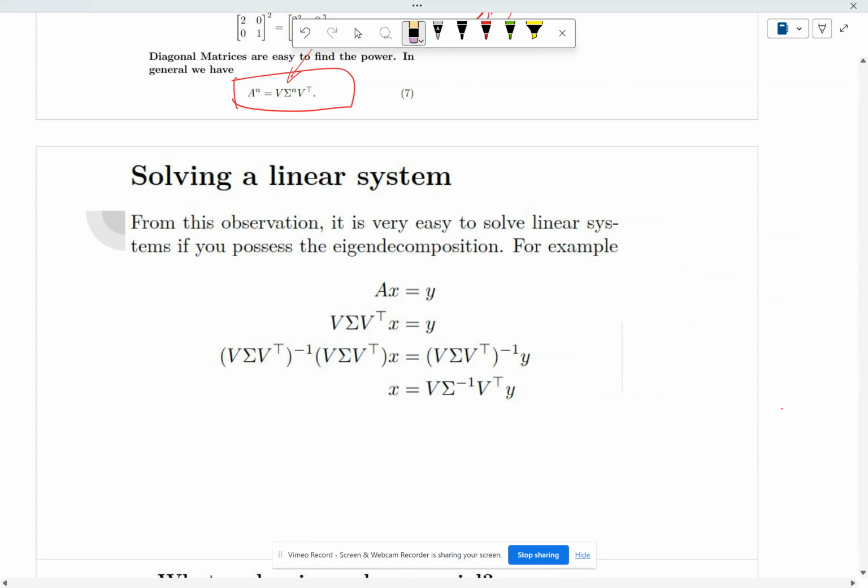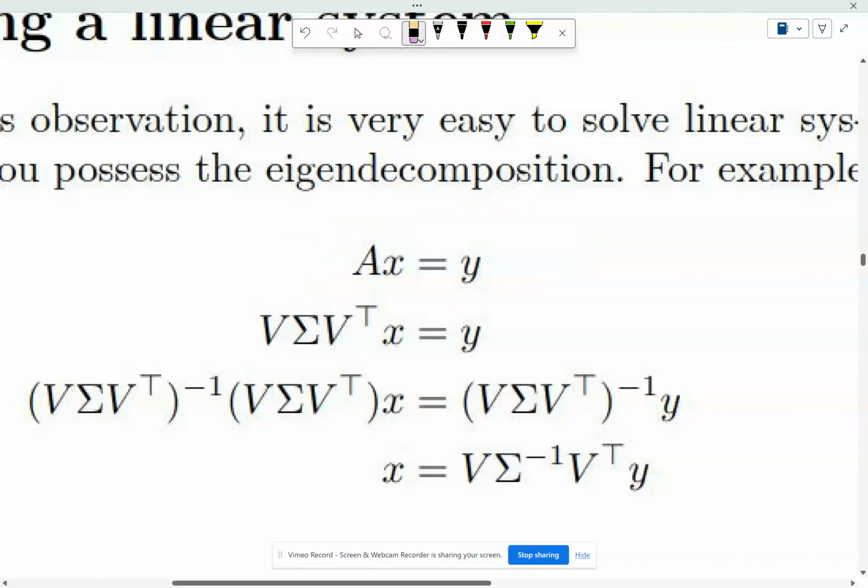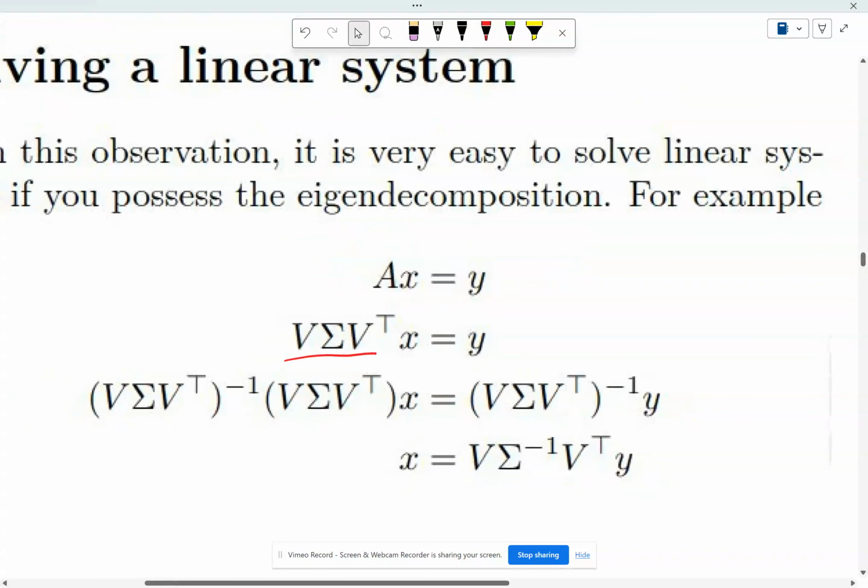So if we have A, this is our linear system we're trying to solve. And we can do the decomposition here. If we do the decomposition, finding the inverse, then we multiply the inverse on both sides. Well, this cancels out. Therefore, x is simply V times this right here.